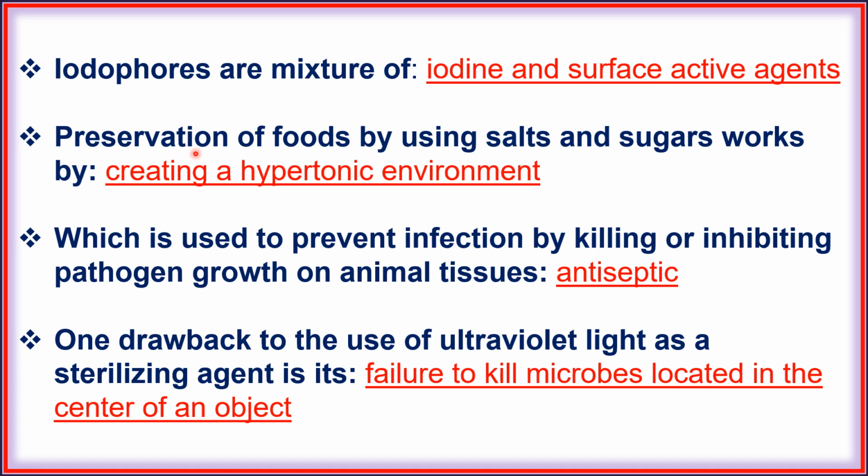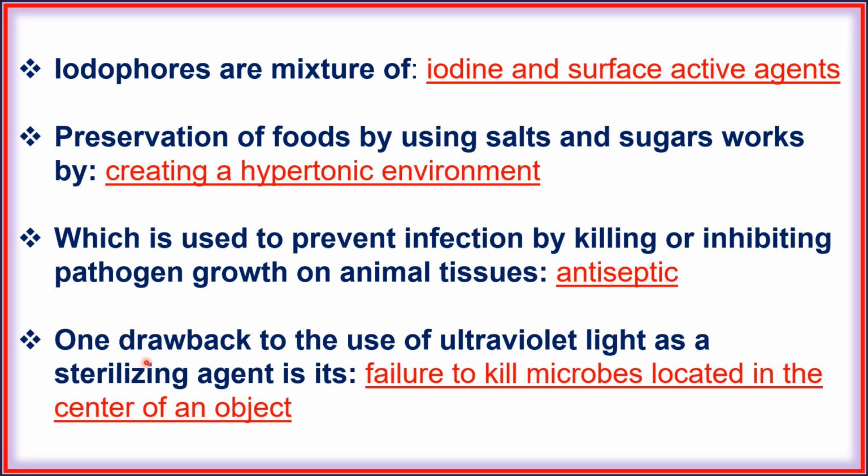Next, preservation of food by using salts and sugar works by creating a hypertonic environment. Next, which is used to prevent infection by killing or inhibiting pathogen growth on animal tissue? That is antiseptic.